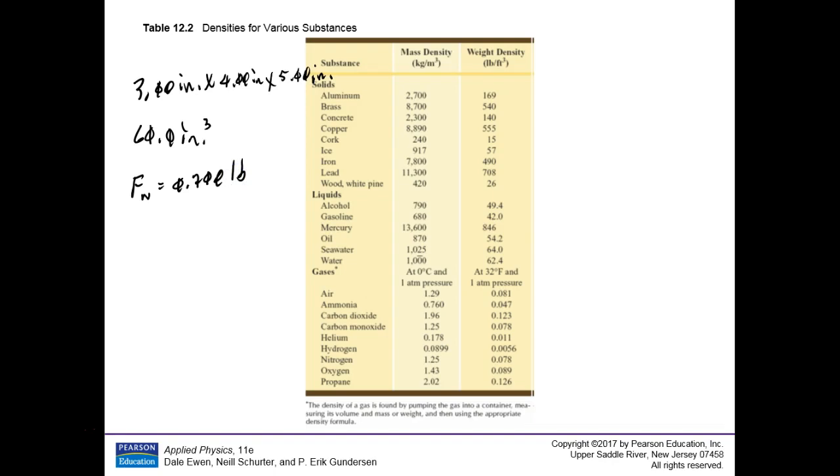Okay? Now, because the standard weight density is given in pounds per cubic feet, we need to convert this cubic inches into cubic feet. Do you remember how to do that? Multiply by a conversion factor, and you want it to become cubic feet. Okay? Always put the units in their place.